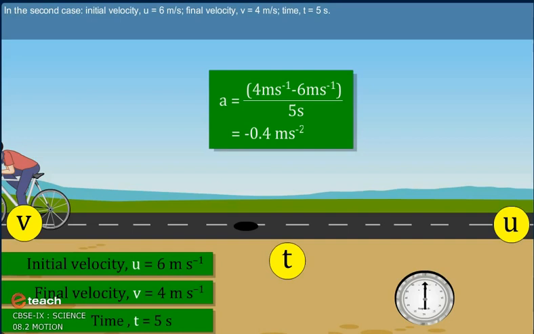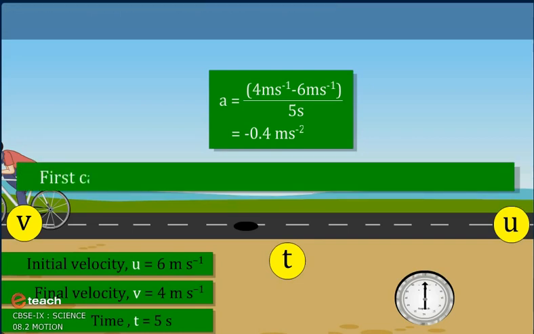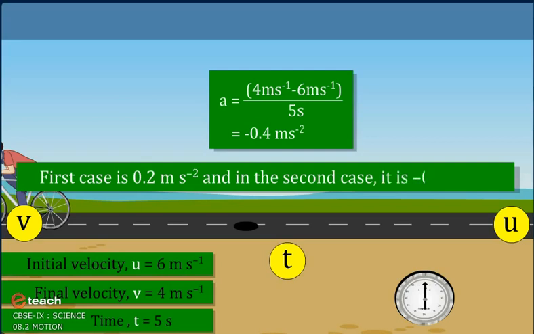That is equal to minus 0.4 m s raised to the power minus 2. The acceleration of the bicycle in the first case is 0.2 m s raised to the power minus 2, and in the second case it is minus 0.4 m s raised to the power minus 2.